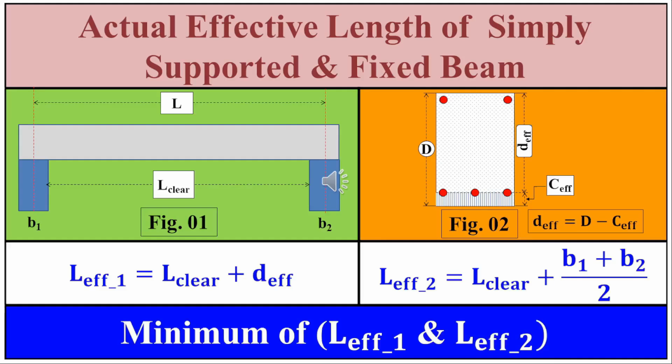First, the clear span plus the effective depth. And second, the center-to-center distance of supports, which is calculated as the clear span plus half the sum of support widths. This formulation precisely captures the code's requirements for these beam types. Now, let's move to the next slide, for the effective length clarification specifically regarding cantilever beams.